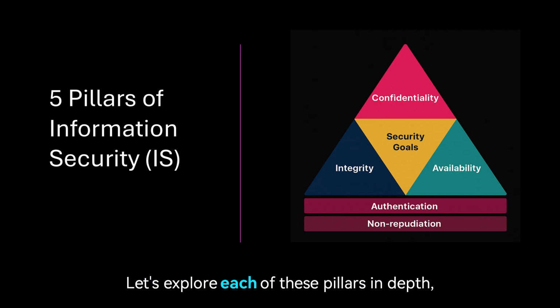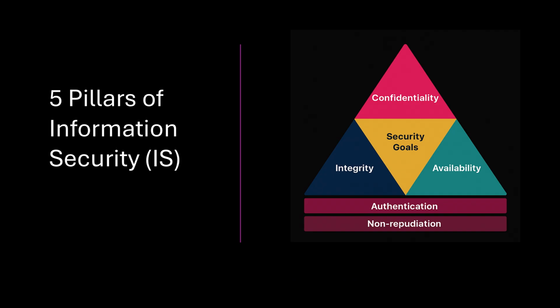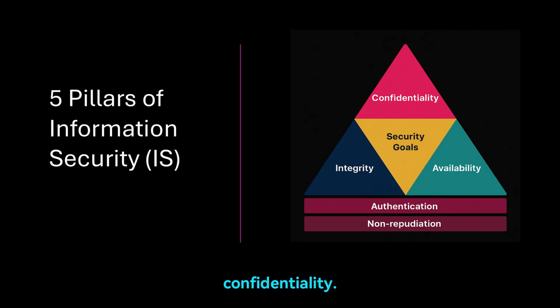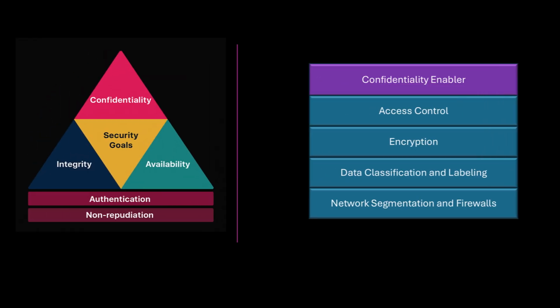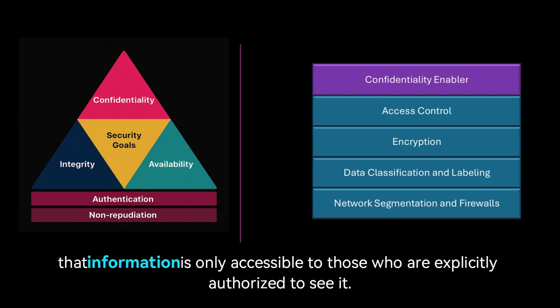Let's explore each of these pillars in depth, understand why they matter, and learn the key mechanisms used to uphold them in real-world environments. Let's begin with the first and perhaps most well-known security pillar, called confidentiality. Confidentiality is your responsibility to ensure that information is only accessible to those who are explicitly authorized to see it.